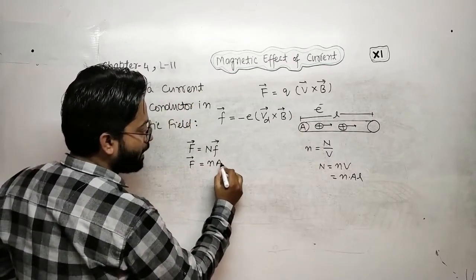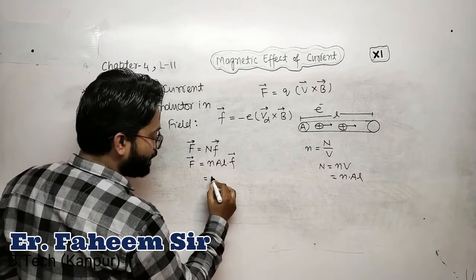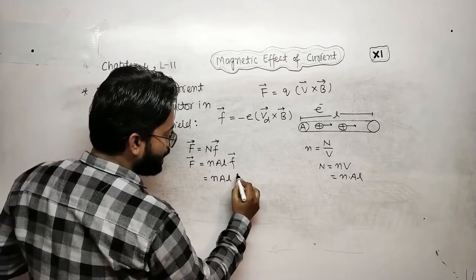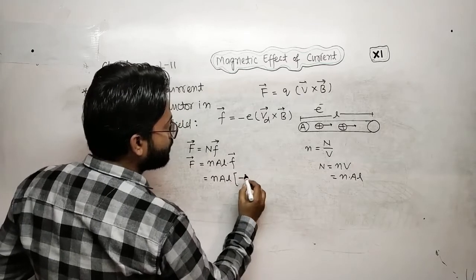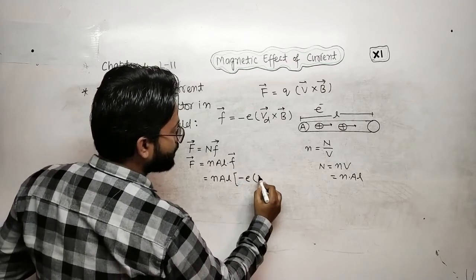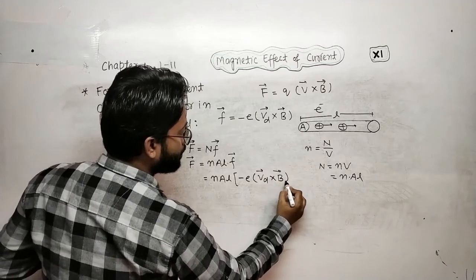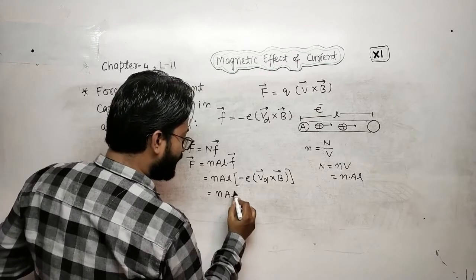So n A L times F, and in place of F we will write E V D cross B. Hope you are getting it.